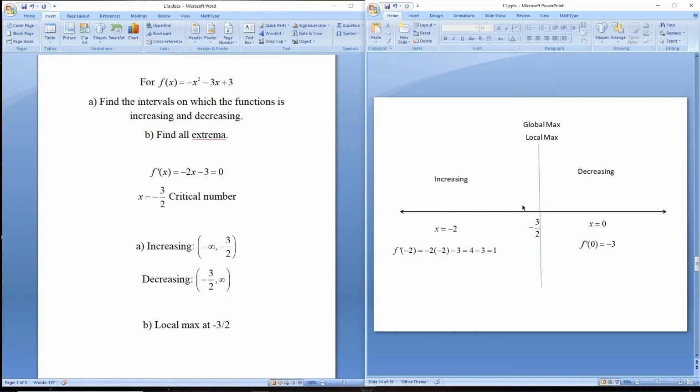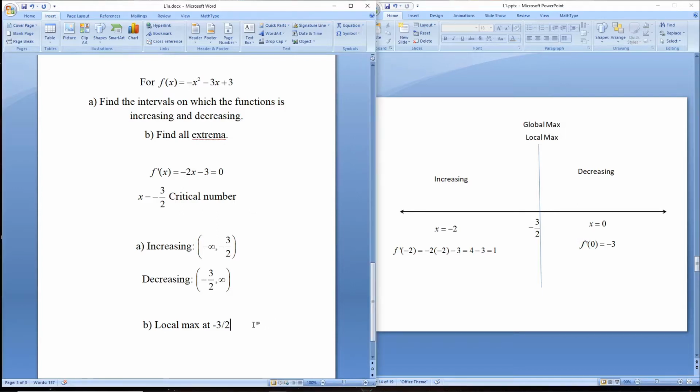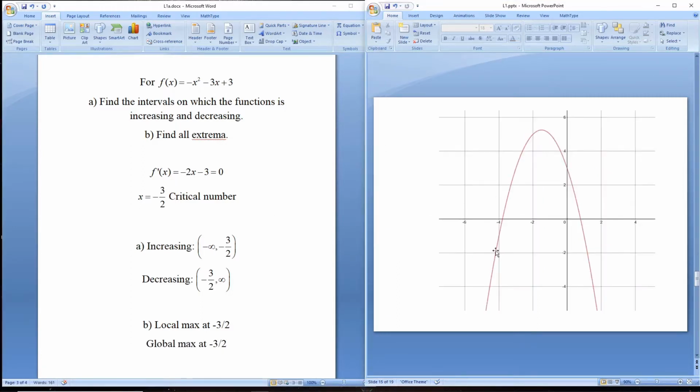Now, of course, you can always graph these. And here's our parabola. Here's our function we're dealing with. And you can see the end behavior is going to minus infinity.